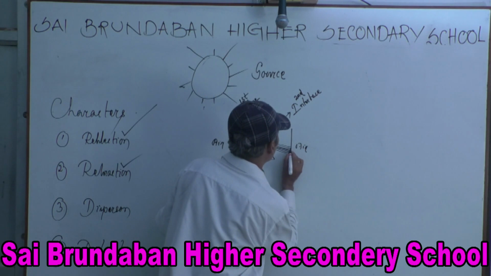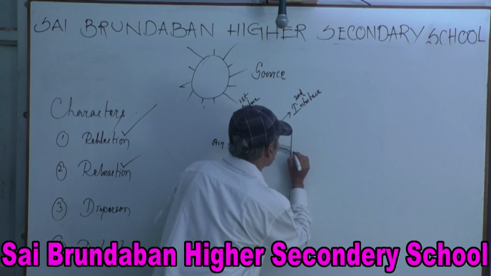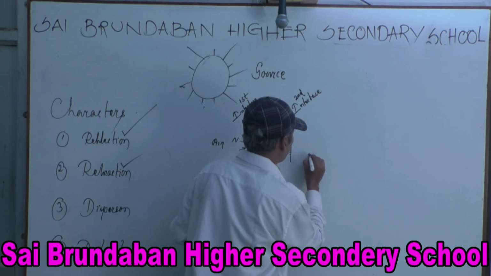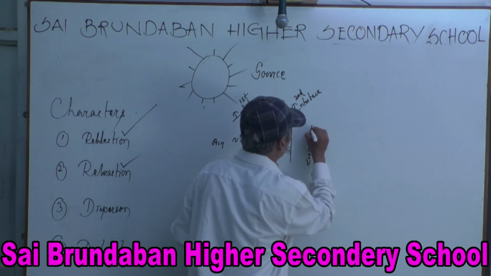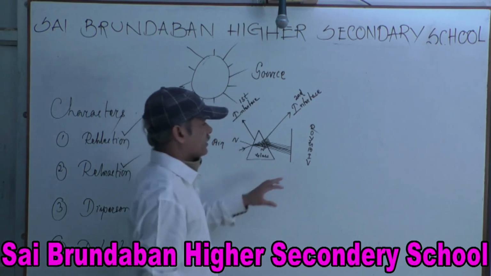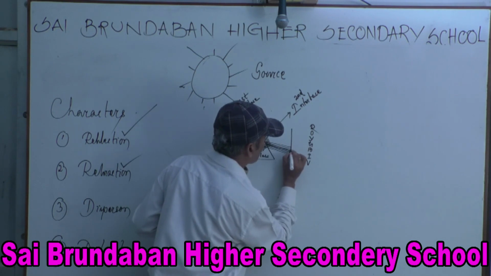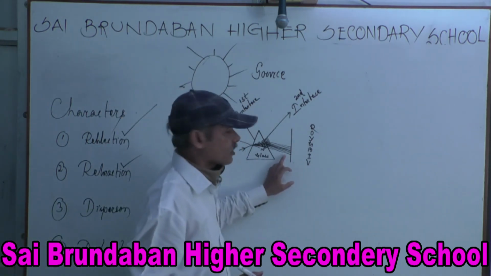1, 2, 3, 4, 5, 6, 7. So I can write this: V, I, B, G, Y, O, R. These are the 7 colors. 7 spots are to be found, 7 spots of different colors.